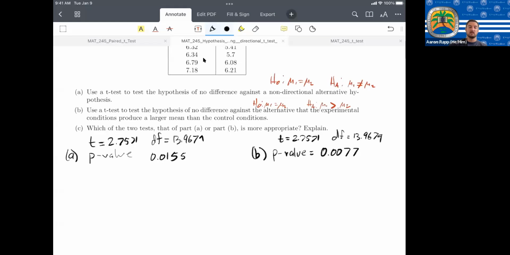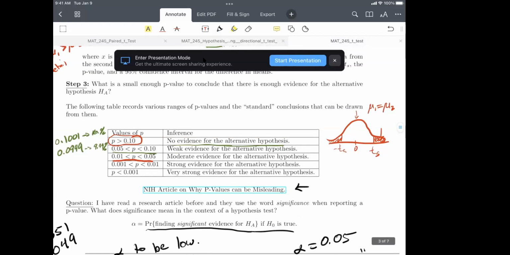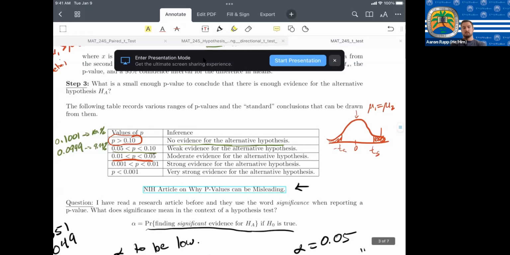So what would we conclude with that p-value? That there's strong evidence that mu1 and mu2 don't equal each other. Would it be strong?